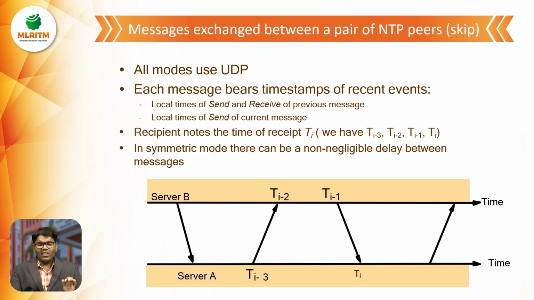In symmetric mode, there can be a non-negligible delay between messages. For example, we have server A and server B. Server B sends a message to server A, and server A sends messages from Ti-3 to Ti-2, from Ti-2 to Ti-1, and from Ti-1 to Ti, and so on continuously. So, thank you.